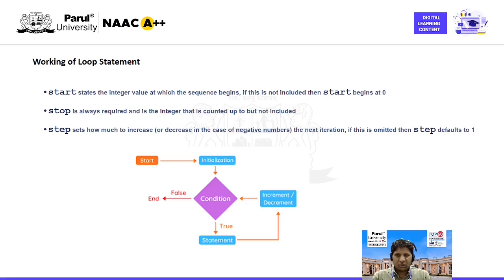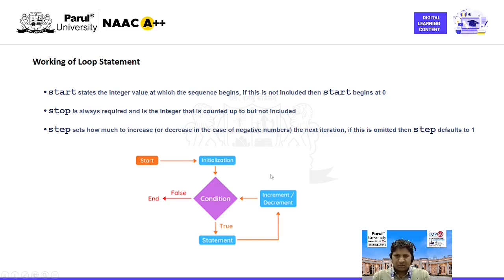The stop pointer is also known as the termination condition, which means where your loop is stopped and terminated. And the third one is step. Step sets how much to increase. Once your loop starts, how much does the next step increase or decrease? If we go forward, it increases. If we go backward, it decreases.